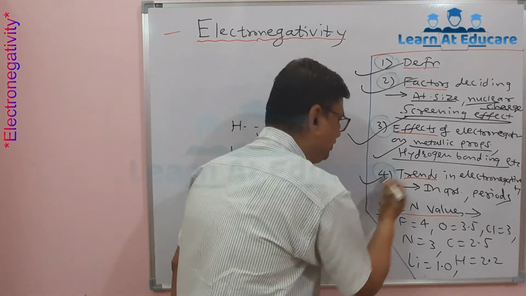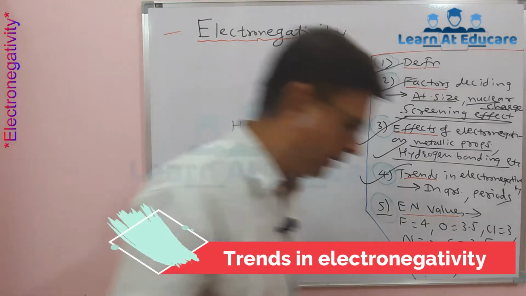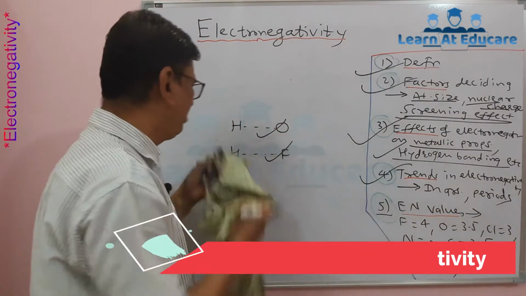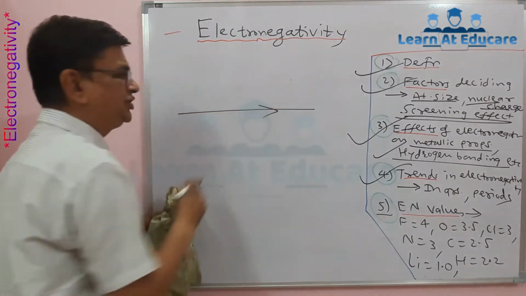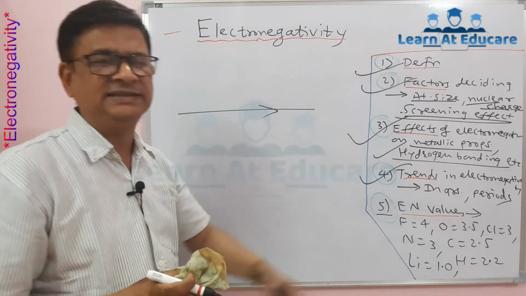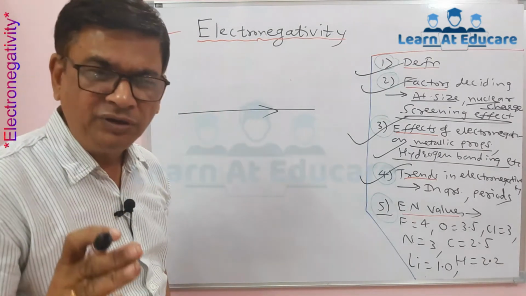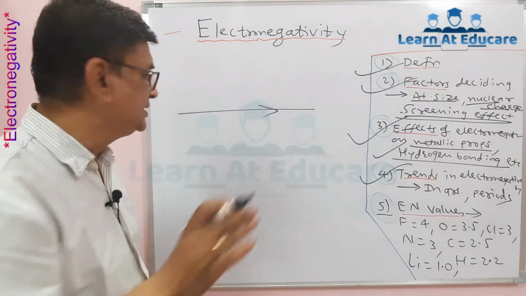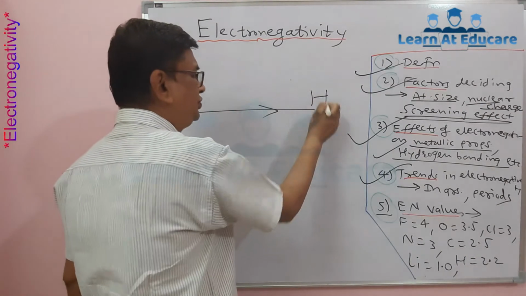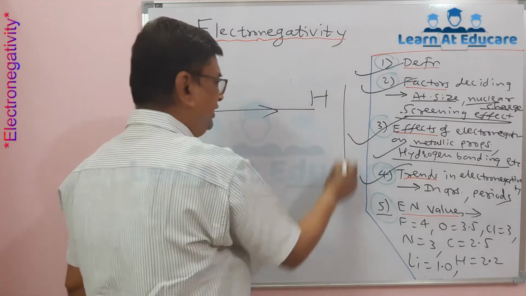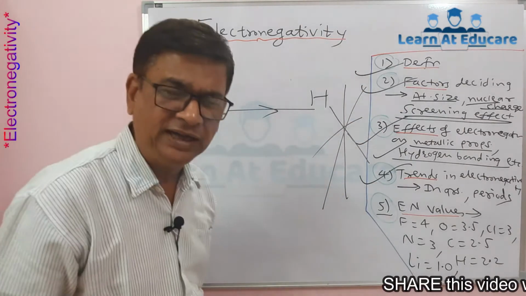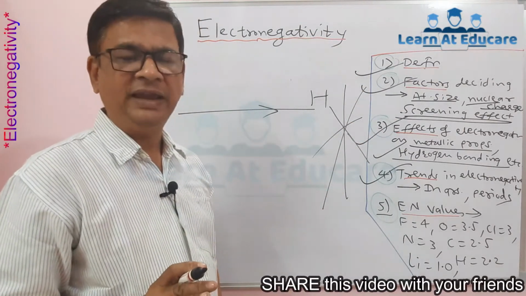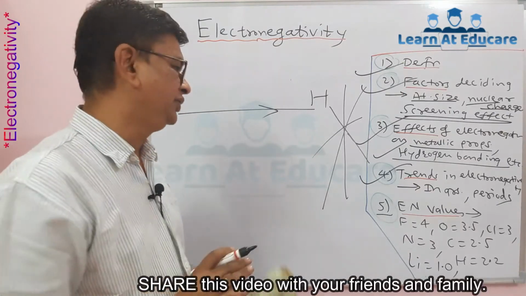Now the next is trends in electronegativity values. Remember, in any period from left to right, because nuclear charge increases and atomic size decreases, electronegativity increases from alkali metals to halogens. However, inert gases do not take part in bonding, they do not accept or donate electrons, therefore they have no electronegativity values.